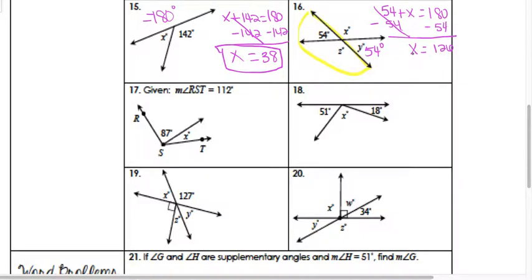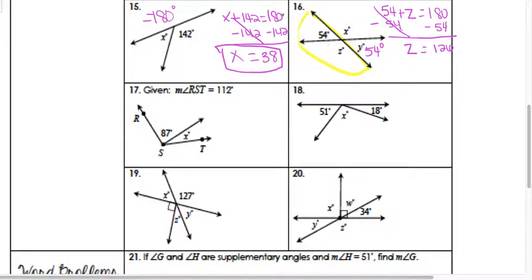Okay? So x is 126. Actually, that should have been z. I'm going to apologize right now. Hold on, let me go back. I hope I didn't mess you up when I said that. It's okay. So I'm going to put z.